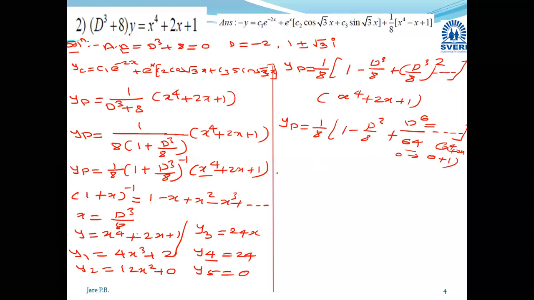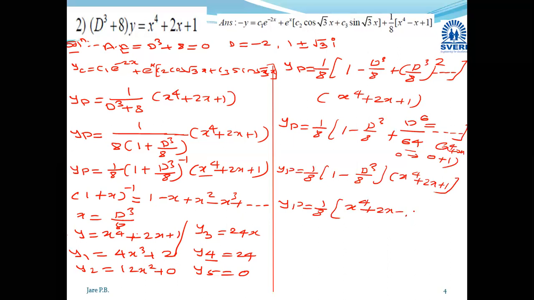Okay, just simplify: yp equal to 1 upon 8 (1 minus D cube by 8) x raised to 4 plus 2x plus 1. Now simplify 1 by 8 into x raised to 4 plus 2x plus 1 minus D cube, which means d cube by dx cube, of 1 upon 8 times x raised to 4 plus 2x plus 1.